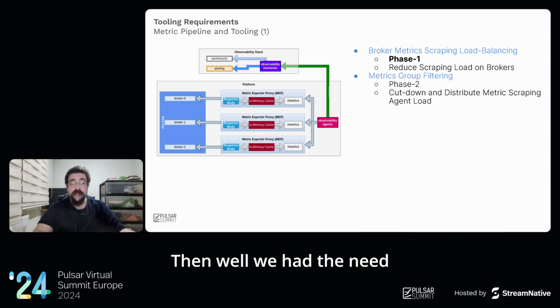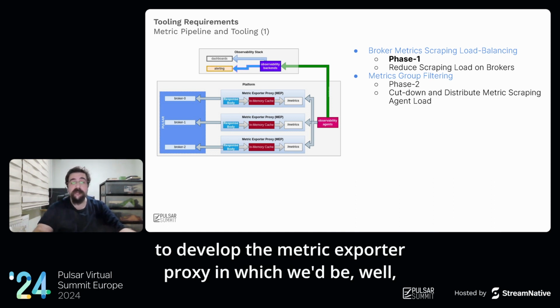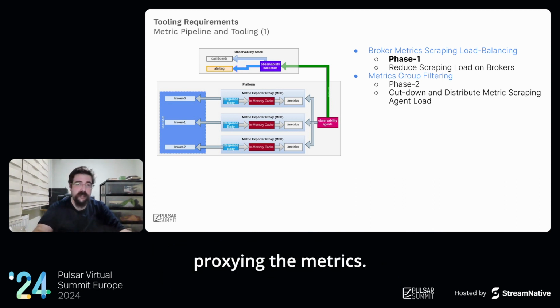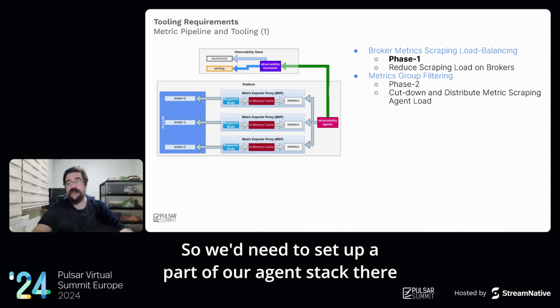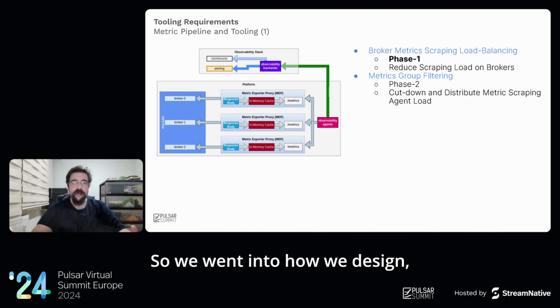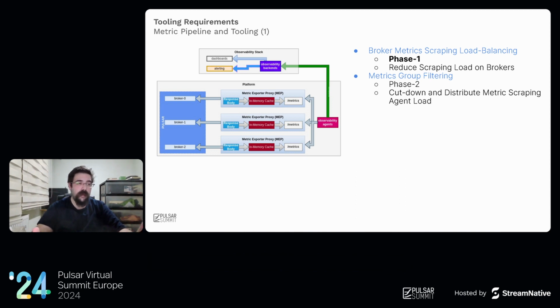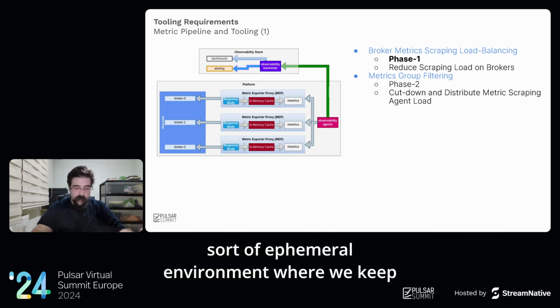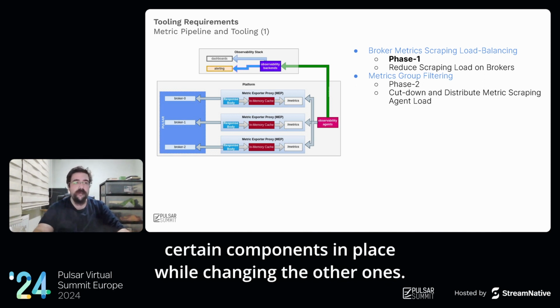Then we had the need to develop the metric exporter proxy, in which we'd be proxying the metric. So we needed to set up part of our agent stack there, and it sort of grew out of control. So we went into how we design a sort of ephemeral environment where we keep certain components in place while changing the other ones.